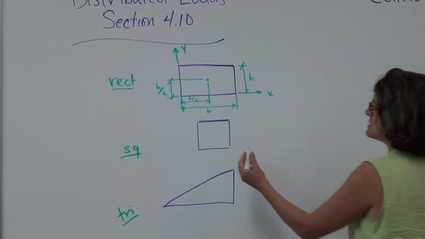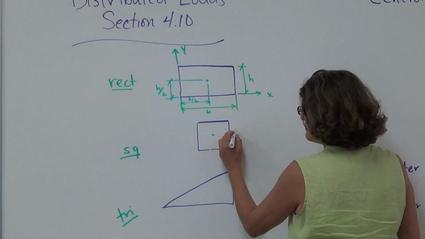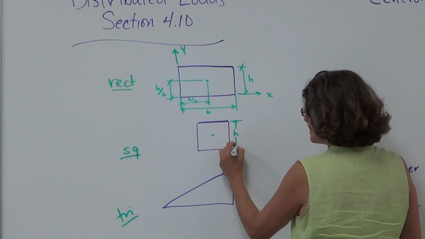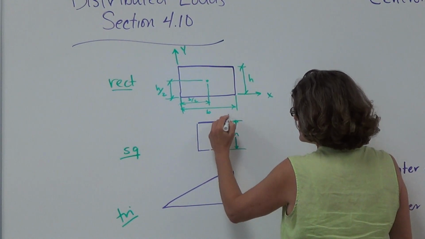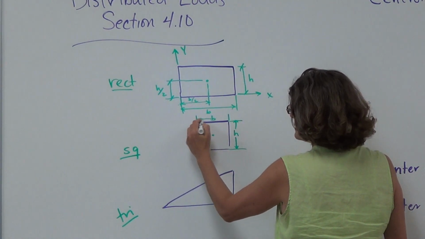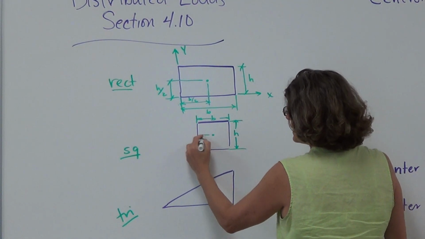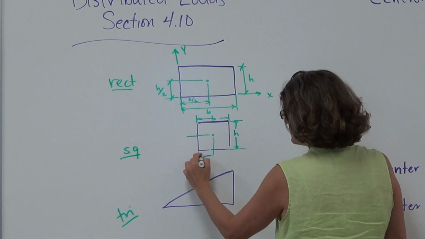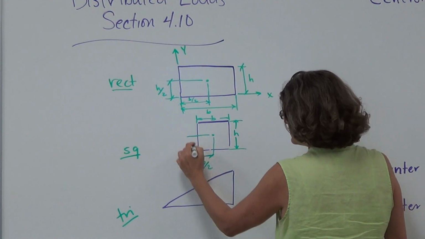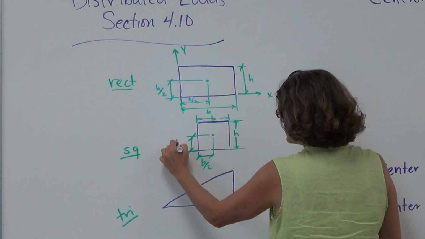And I'm sure you would say the same thing with the square, right? If this is h, and this is b, the base, then the location of this is going to be b over 2 and h over 2.